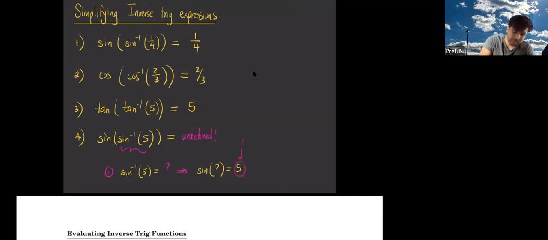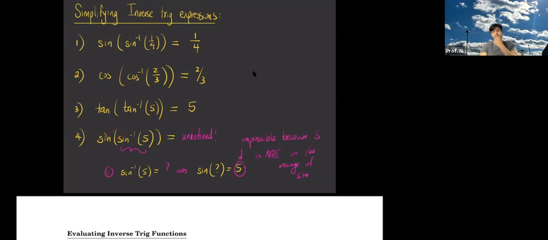This statement is impossible because 5 is not in the range of sine. So this is a preposterous expression. You have to be very careful. This looks easy, right? Sine, sine, oh, sine, cosine, oh yeah, they all cancel out because they're inverses, but that doesn't always make sense.